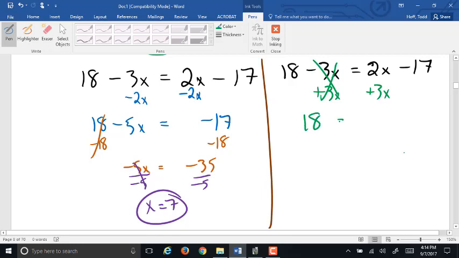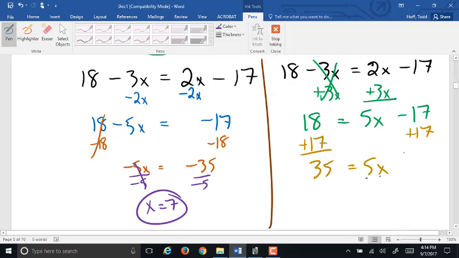That's gone. 18 equals 2x plus 3x is 5x and the minus 17. And then add 17. 35 equals 5x.